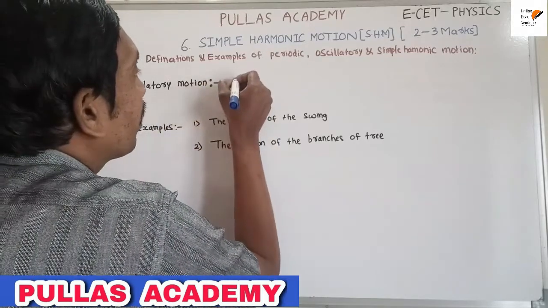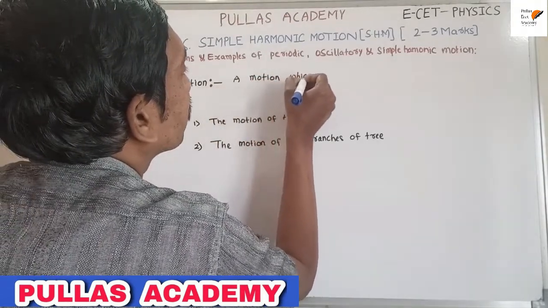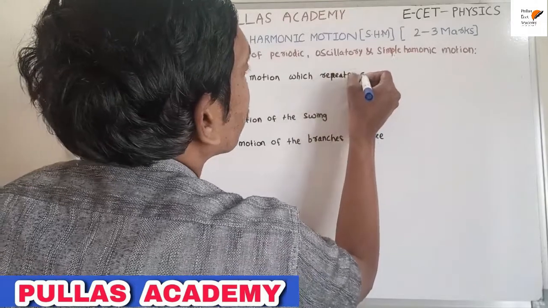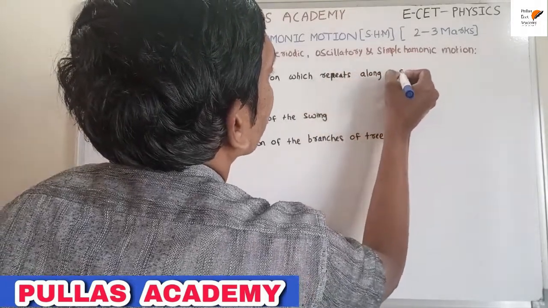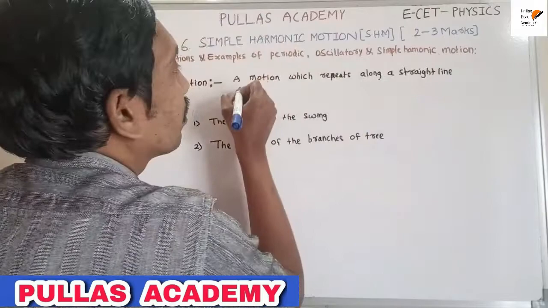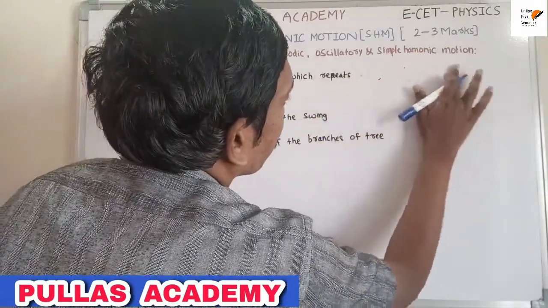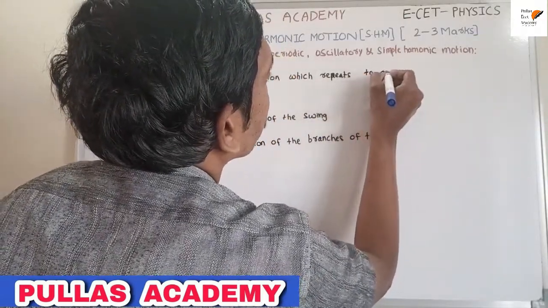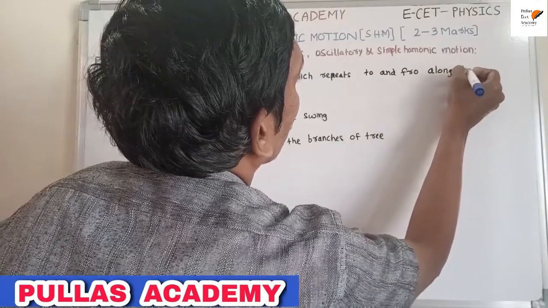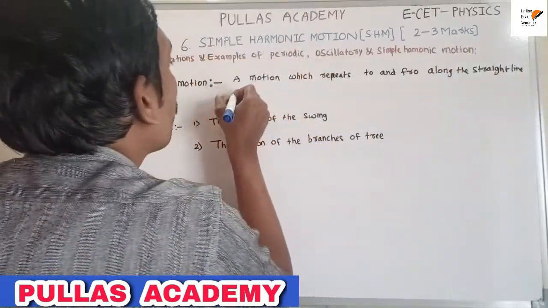So a simple definition: a motion which repeats to and fro along a straight line about the mean position.